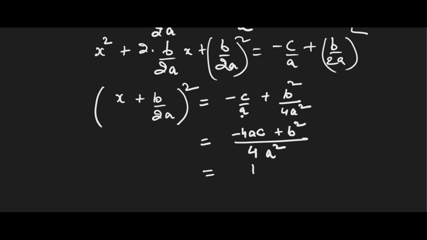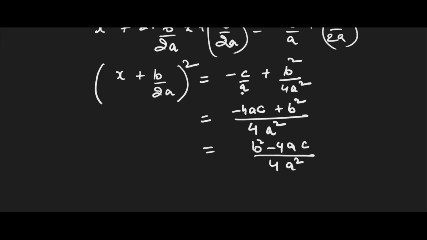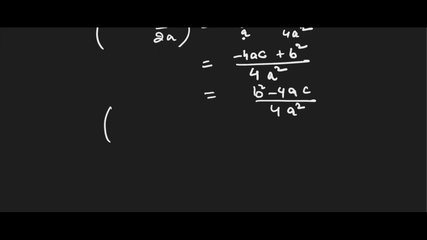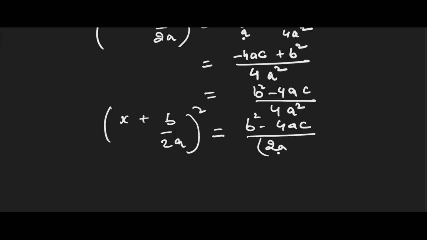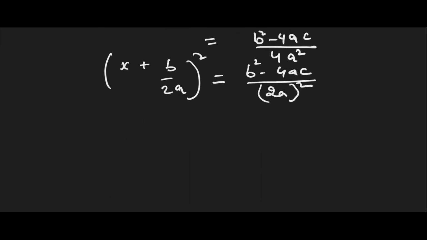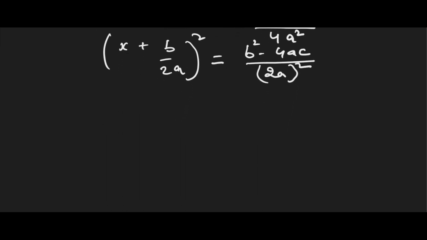This is equal to b square minus 4ac by 4a square. So now we have got x plus b by 2a whole square is equal to b square minus 4ac divided by 2a whole square. We can write 4a square as 2a whole square. Now we have reached this step.